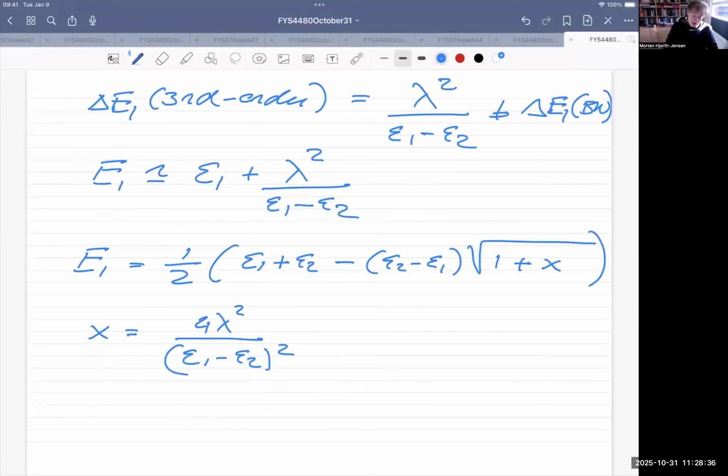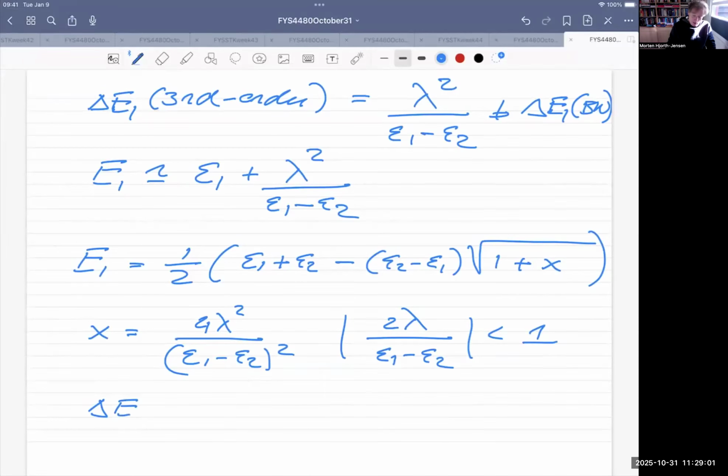And the assumption is obviously that this specific term, 2 times lambda divided by epsilon 1 minus epsilon 2, its absolute value, we want that one to be less than 1. Okay, so if I now do Brillouin-Wigner perturbation theory, then I have an exact expression.